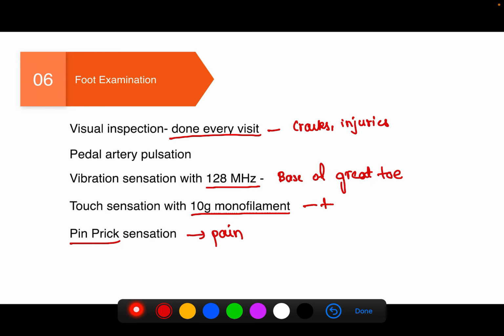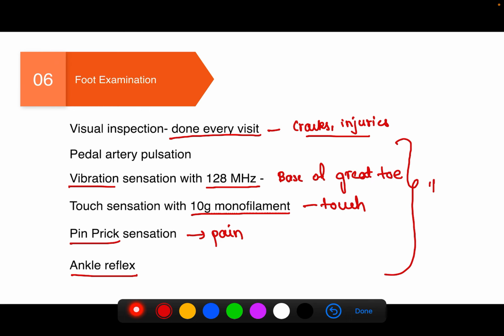This checks for touch. And this is the vibration. You are checking all 3. Then ankle reflex. Visual inspection is done during every visit and the rest of these can be done annually.